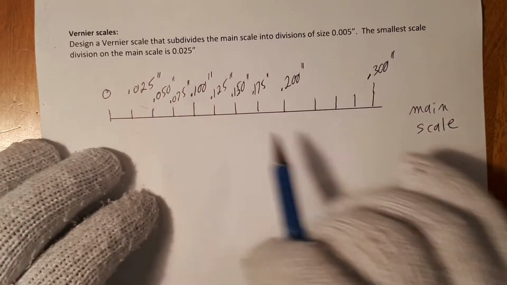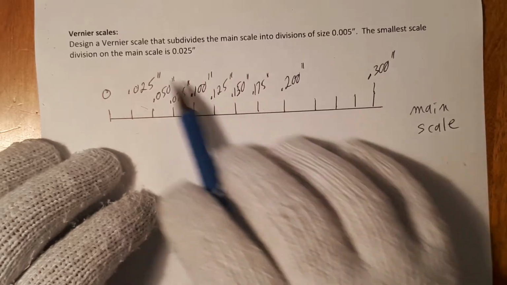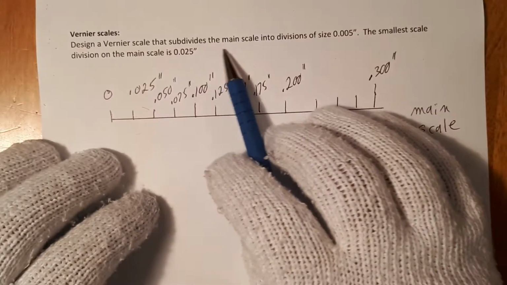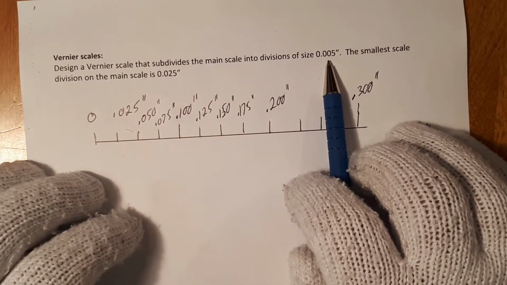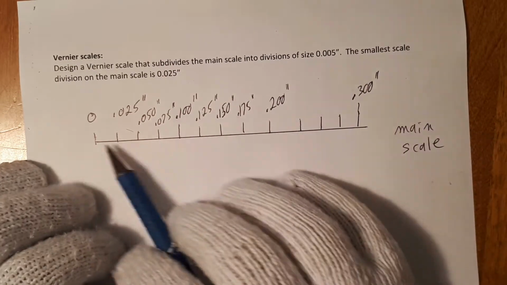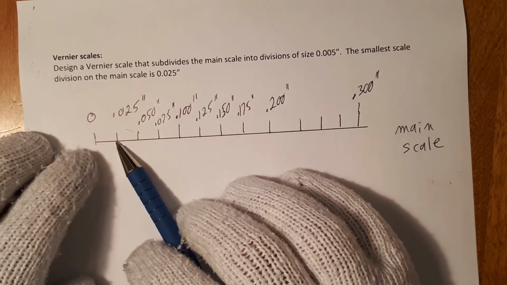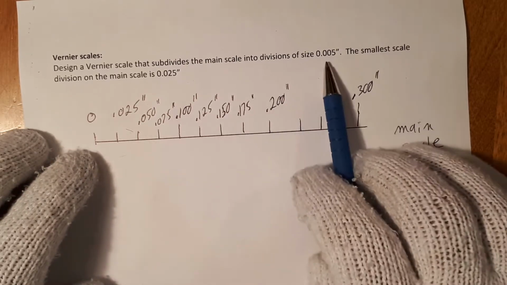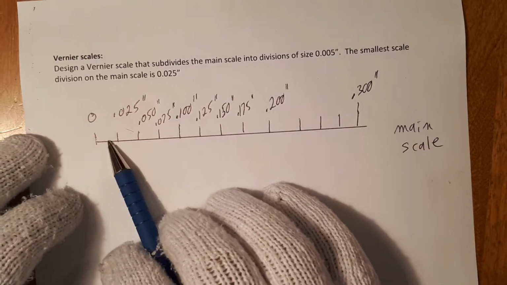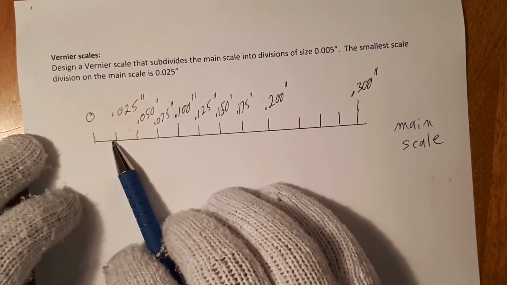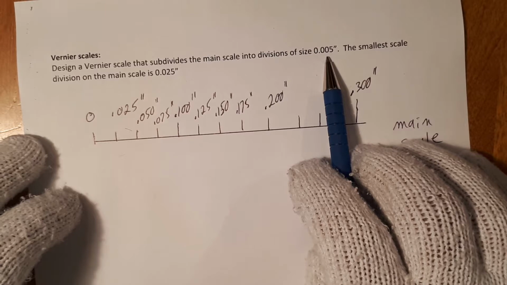And then it says here, in order for us to build a vernier scale, design a vernier scale that subdivides the main scale divisions into 5/1000 of 1 inch. And what that is telling me is take one of these increments from 0 to 25 and divide it into 5/1000 of 1 inch. So how many subdivisions do I need to divide this into in order to make each one a value of 5 thou?